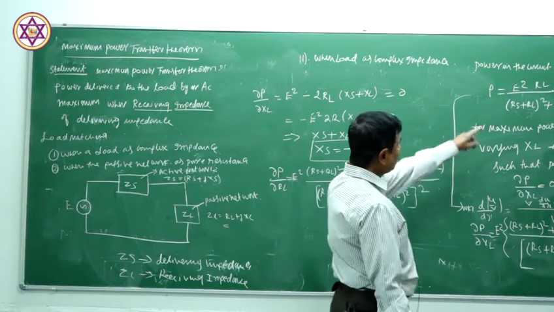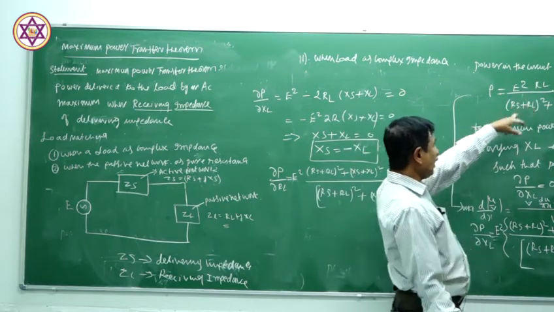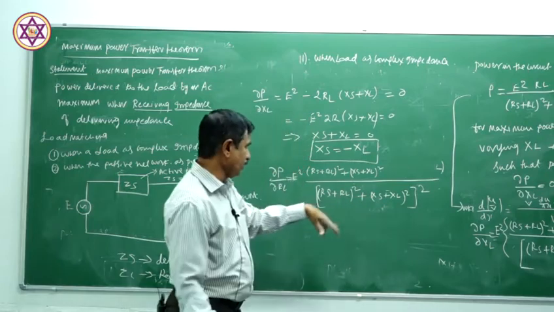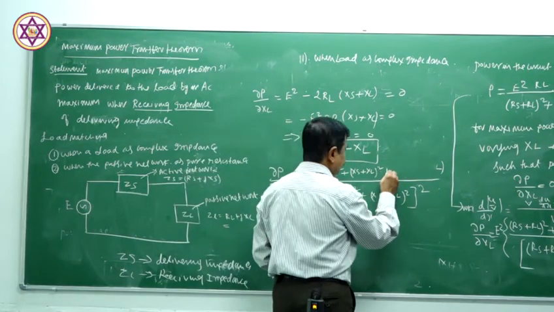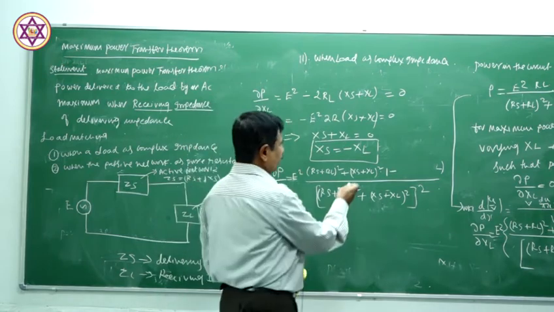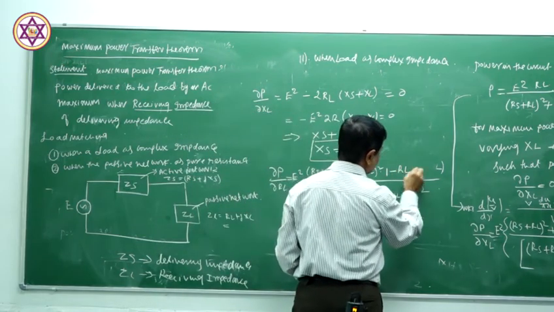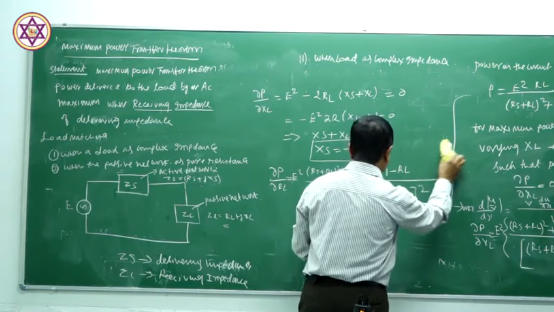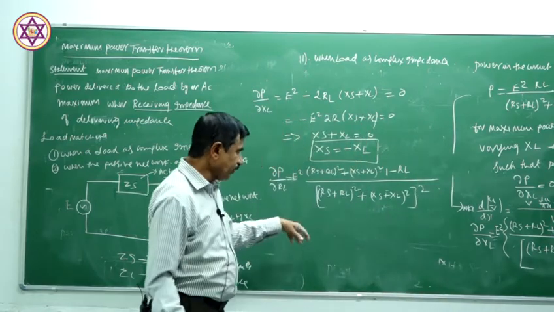What is u? U is RL alone. RL with respect to RL is 1, minus. So again you have to write RL into the differential of v.